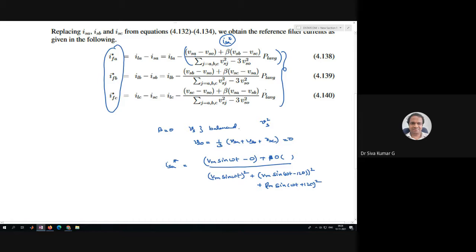This Vs naught won't be there in the denominator because these are the balanced voltages, and it is whole multiplied with the PL average, the load average. What we get is ISA star.